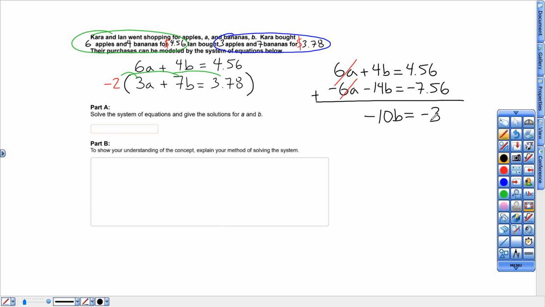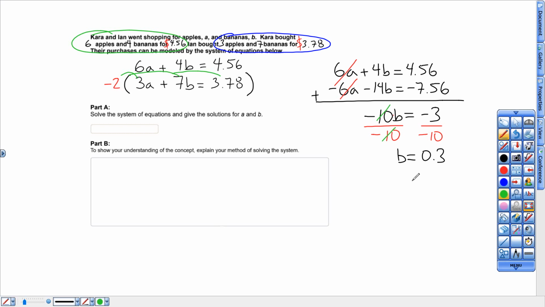And now the opposite of timesing by -10 right there, dividing both sides by -10. Don't freak out, it will give you a nice neat positive decimal. So if I divide that -3 by -10, that gives me a nice neat 0.3. That is my B number.